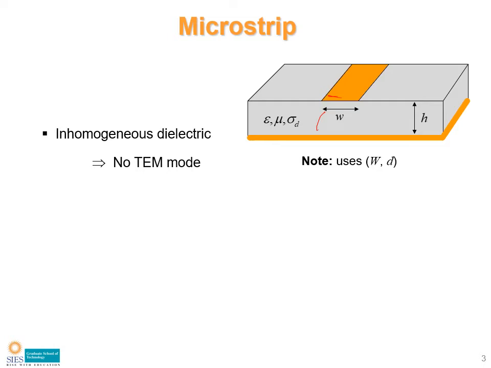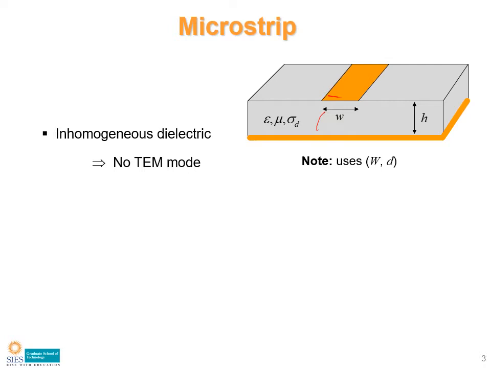To have perfect TEM mode propagation, all lines of electric field and magnetic field should travel in the same dielectric media, but here there are two dielectric medias, air and the actual dielectric material.